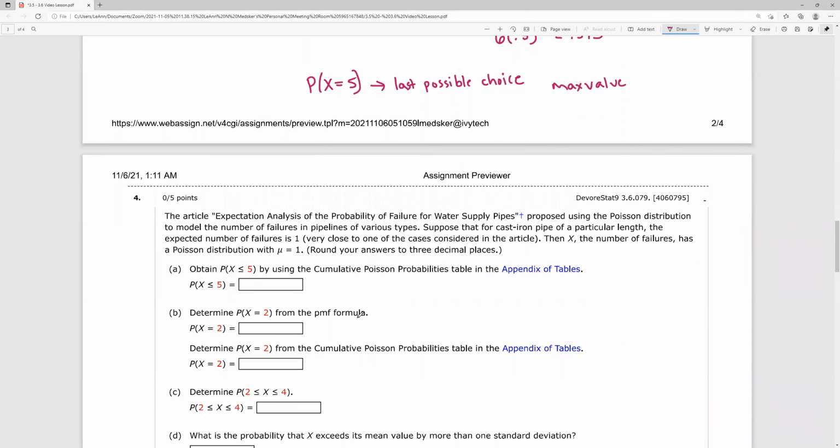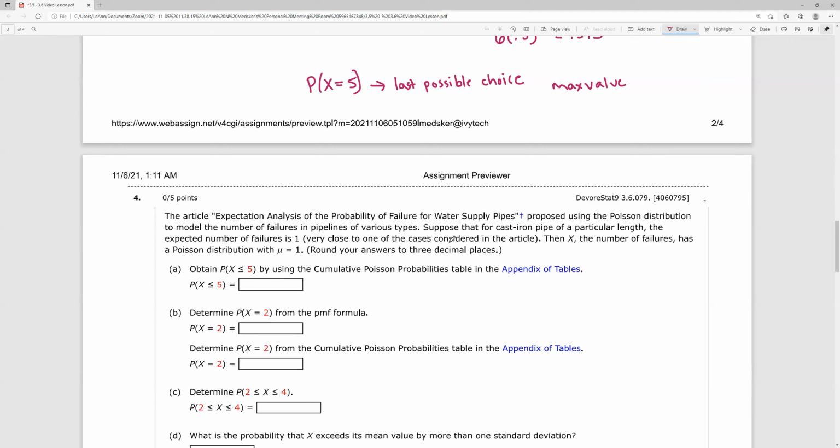All right. And then we're looking at number 4. We're now getting into section 3.6, the Poisson process and the Poisson distribution. This is a little different than what we saw with our binomial experiment, because hypergeometric, negative binomial and geometric were all based off of that binomial type experiment with successes and failures, and the trials being independent.